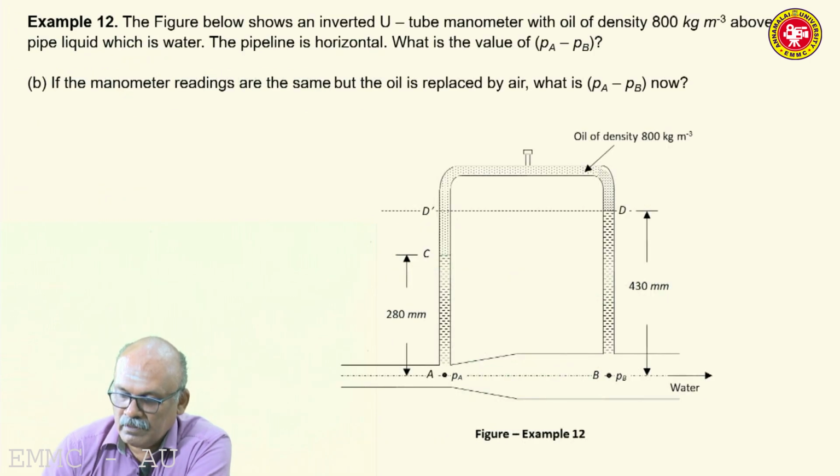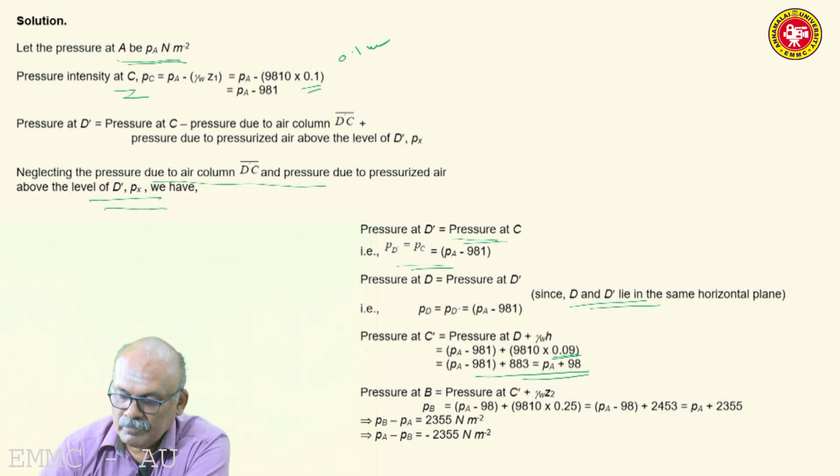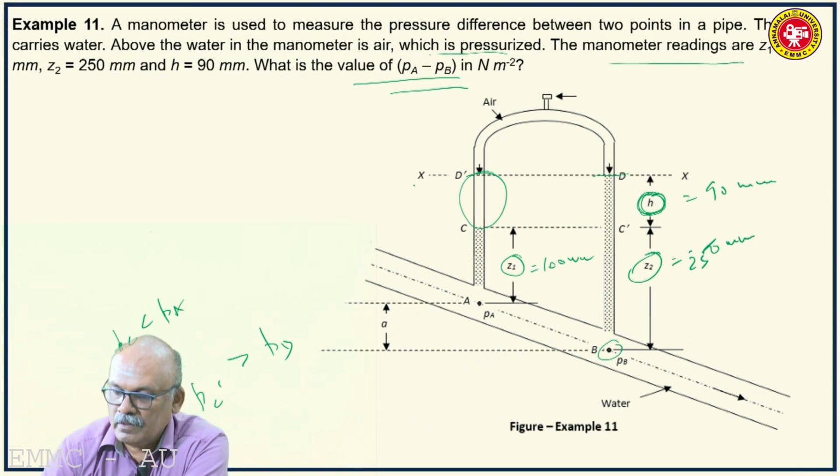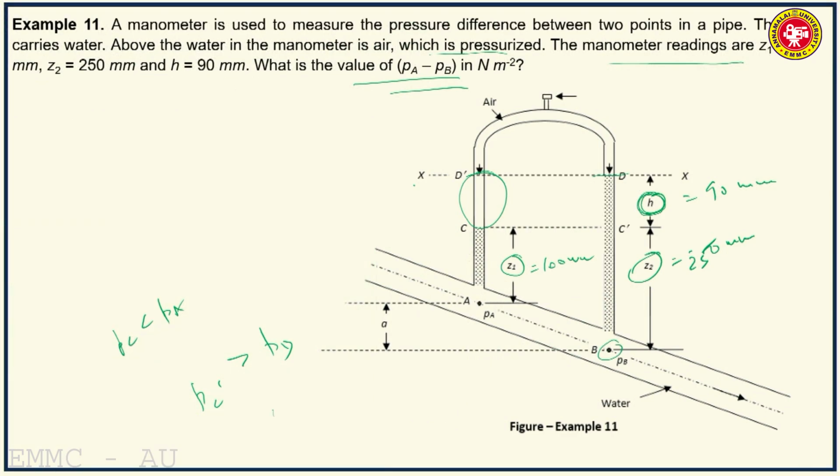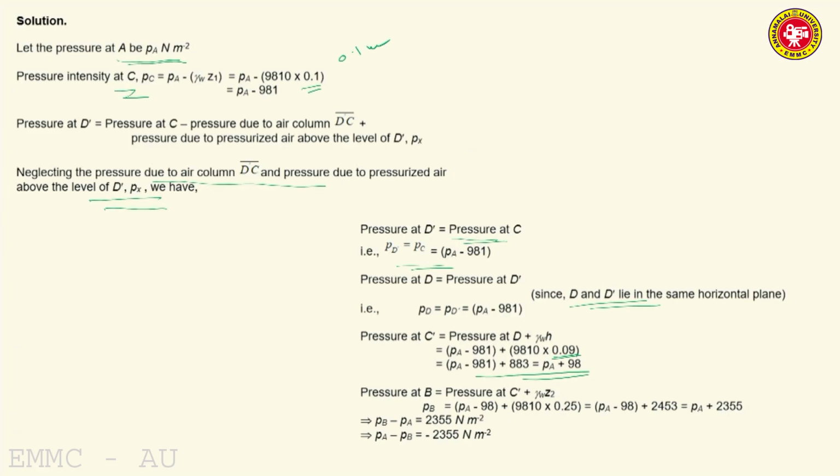Then pressure at B, then ultimately we are ending up at B, this point. So, pressure at B will be greater than pressure at C dash. What is pressure at B? B is equal to pressure at C dash plus gamma W into Z2. Z2 is given as 250 millimeters, that is 0.25 meter.